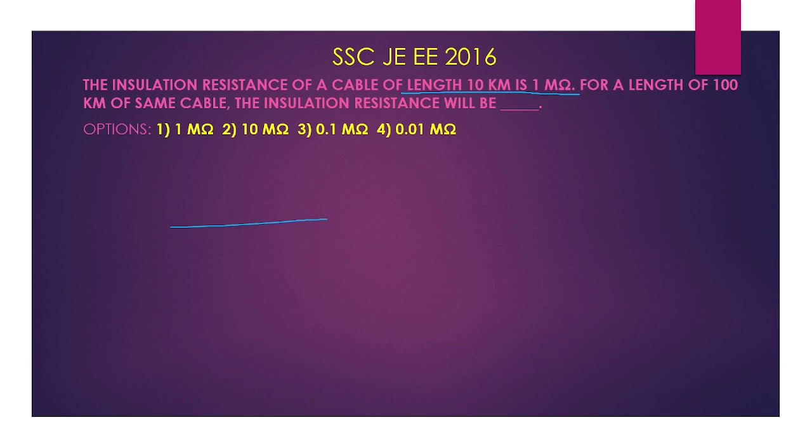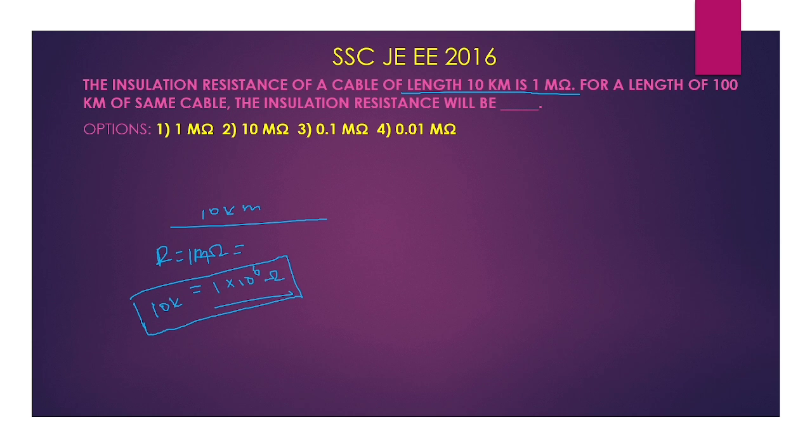Consider a cable of 10 km having a resistance of 1 megohm, which is equal to 1 into 10 to the power of 6 ohm. So for 10 km we have a resistance of 1 megohm, which is 10 to the power of 6 ohm.